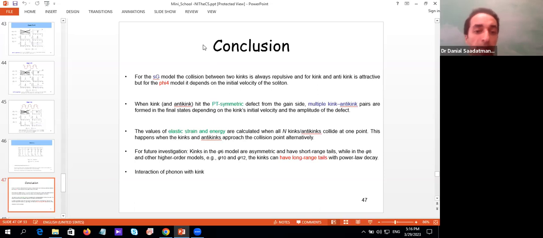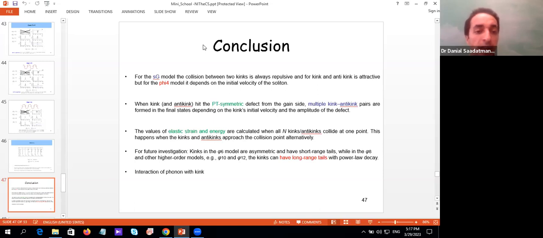We have also shown that when the kink hits the PT symmetric defect from the gain side, multiple solitons can be created after the interaction, which is a very interesting topic for future investigation.